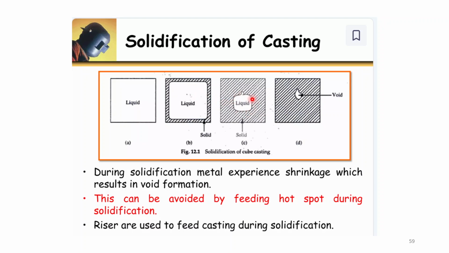So the last solidification will be inside, and there might be void formation because of shrinkage. During solidification, metal experiences shrinkage which results in void formation, and this can be avoided by feeding the hot spot during solidification, and risers are used to feed the casting during solidification.